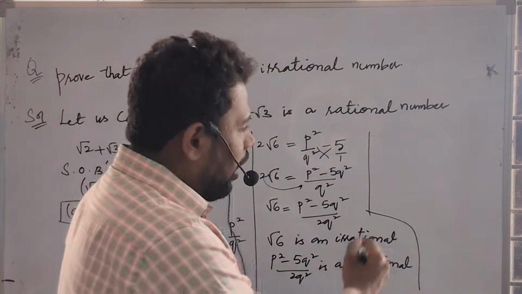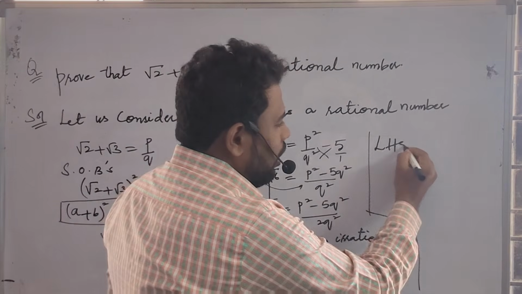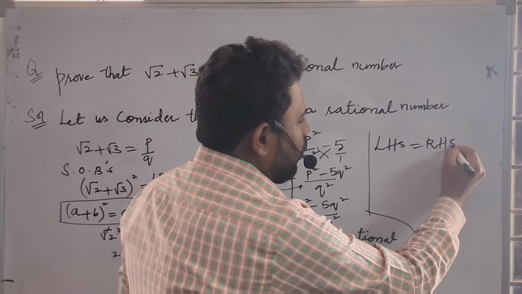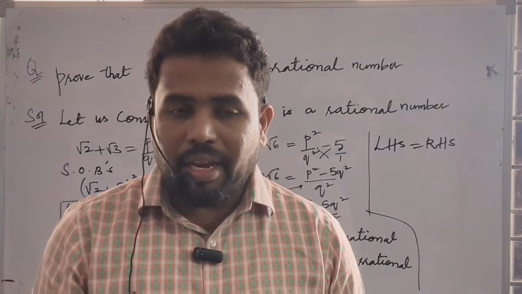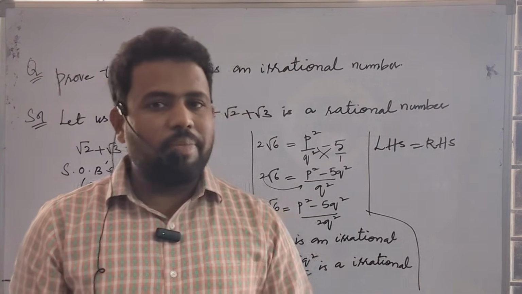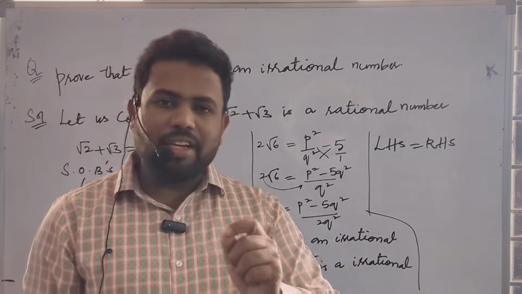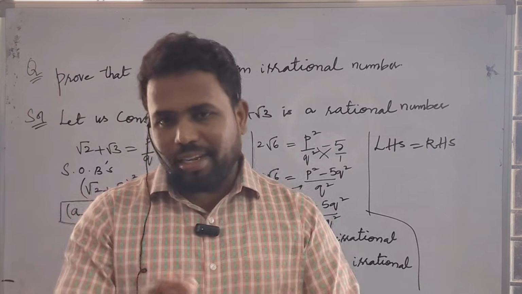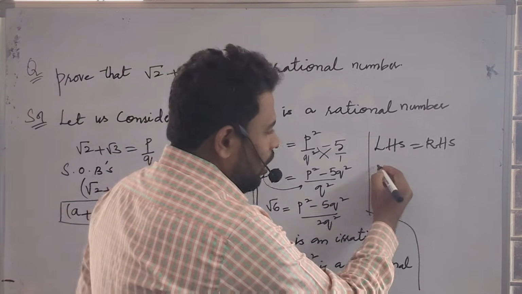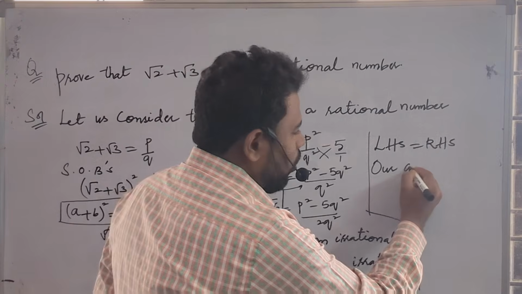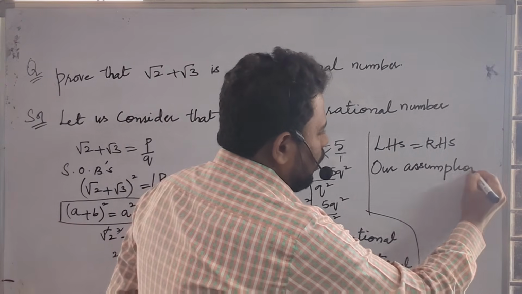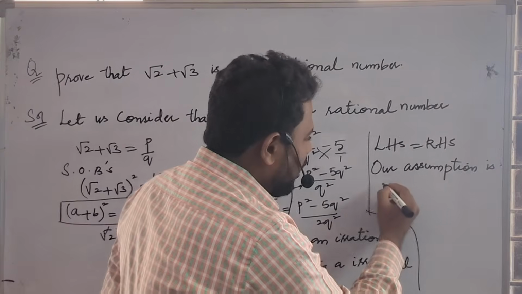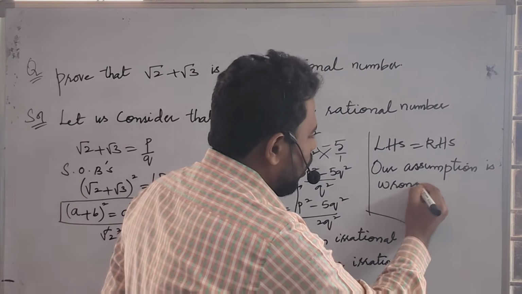Fine. So here LHS and RHS are not equal. It means this number is not a rational number. Then the contradiction of this statement says that this is an irrational number. It does mean that our assumption has gone wrong, our assumption is completely wrong.